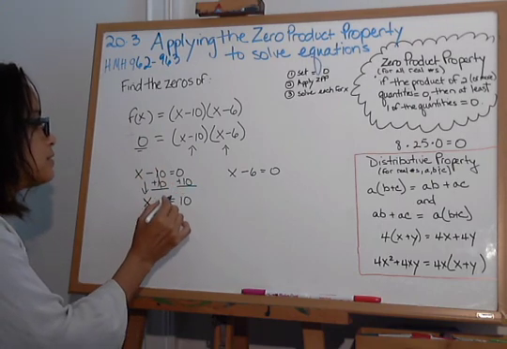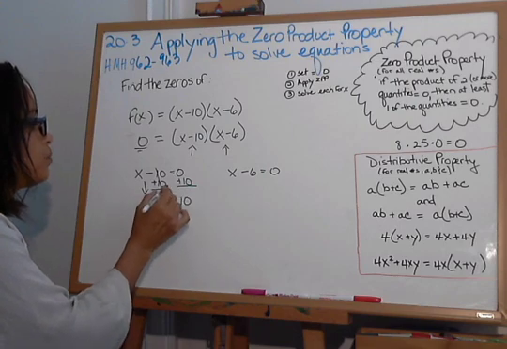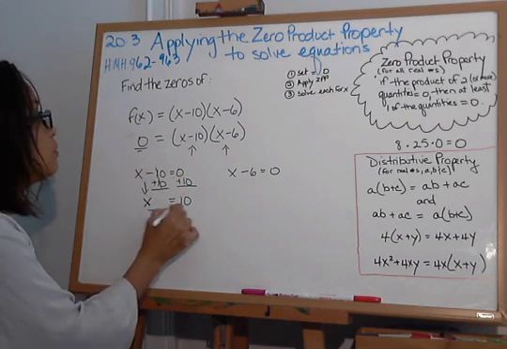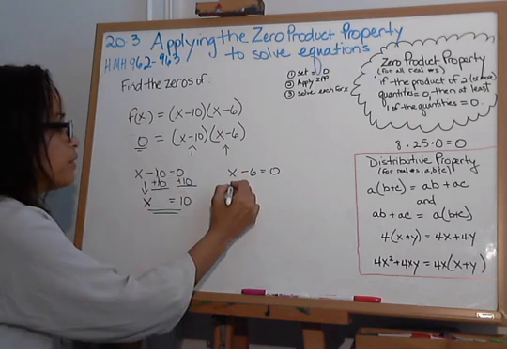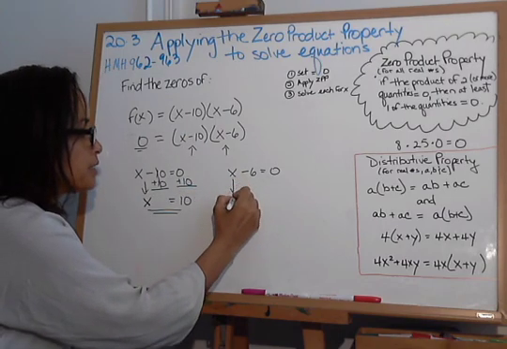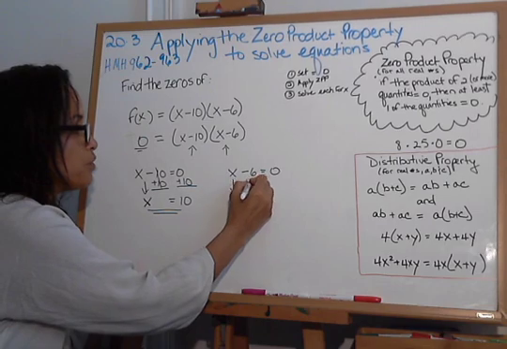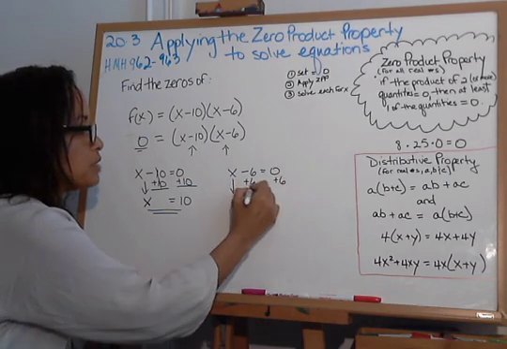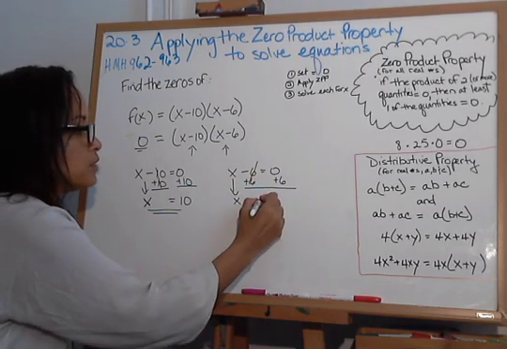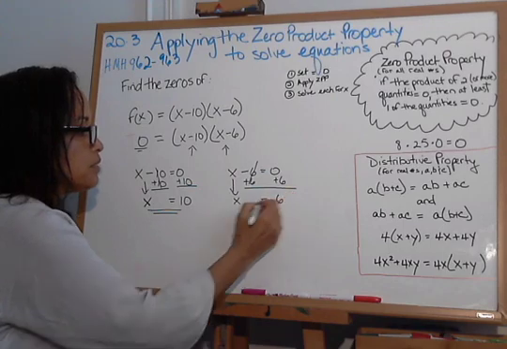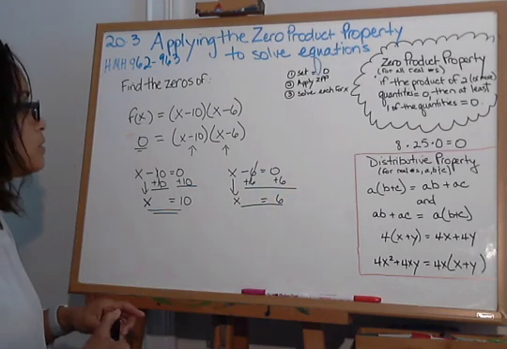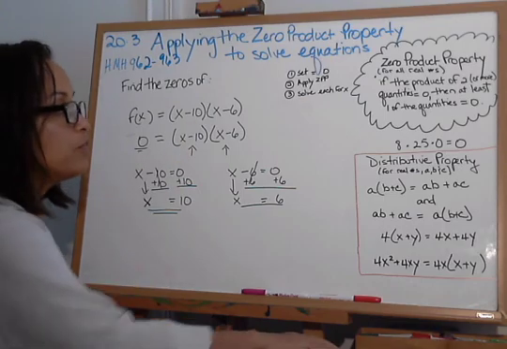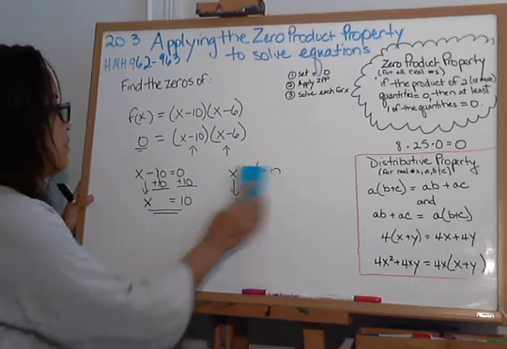So if x is equal to 10, that will give me the 0 for this factor. And what about this factor? To get x by itself, the inverse operation would be to add 6 to both sides. So it gives me x is equal to 6. So those are my zeros, x equals 10 and x equals 6, applying the zero product property.